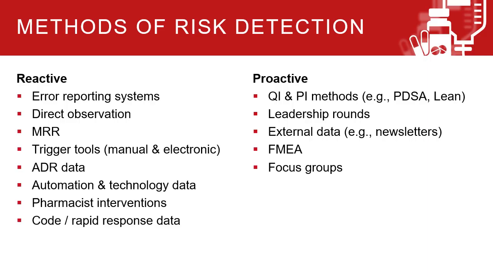In the modules that follow the reactive methodologies, modules on proactive methods will teach you more about methodologies like FMEA, the use of external data, and leadership safety rounding, an approach that provides an opportunity for direct engagement with frontline staff to identify safety concerns and reinforce a culture of open communication and learning.